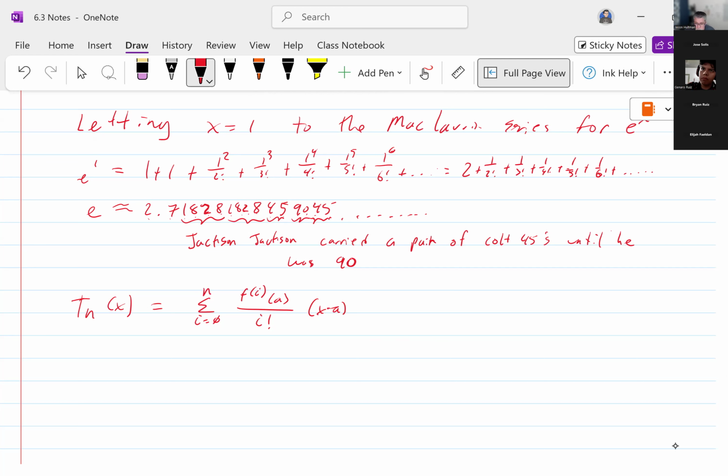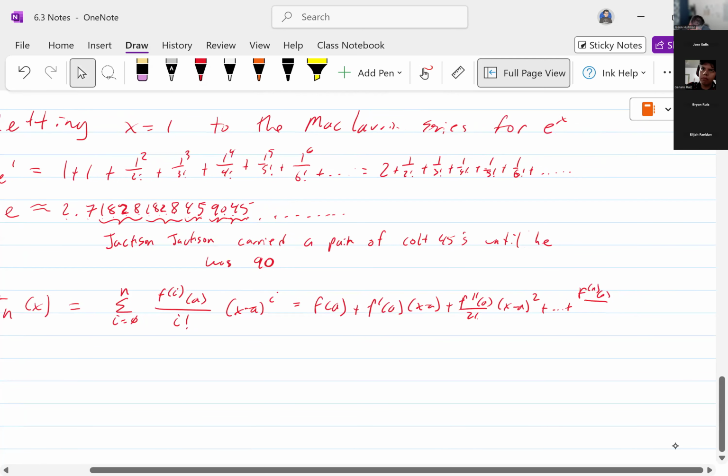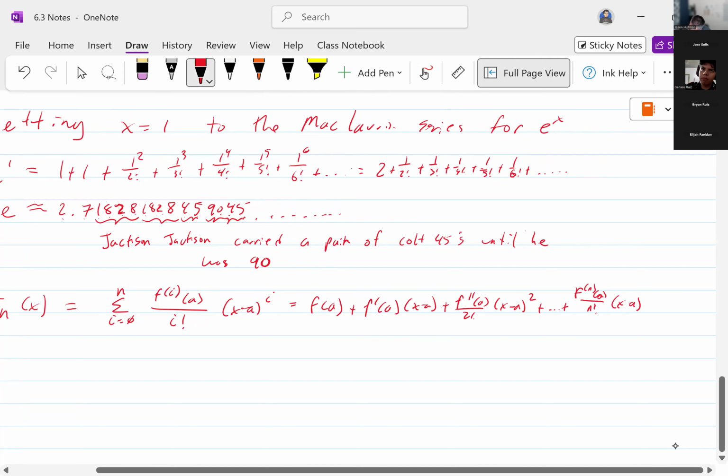And so this is going to go from i equals 0 all the way to n, which is equal to f of a plus f prime of a times x minus a plus f double prime of a over 2 factorial times x minus a squared, plus dot dot dot plus, and it will end at the nth derivative evaluated at a all over n factorial times x minus a to the nth power.